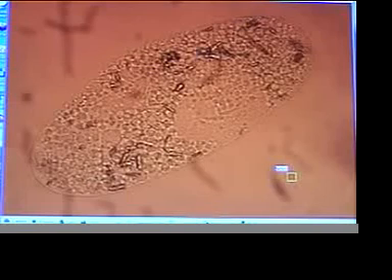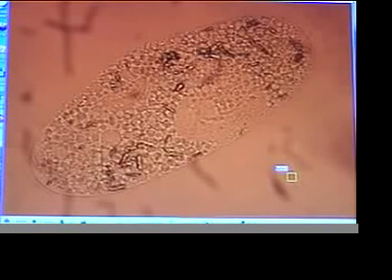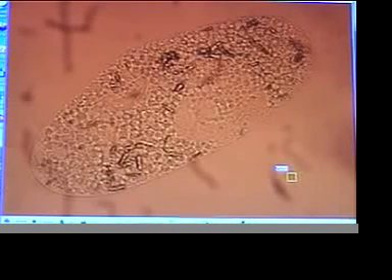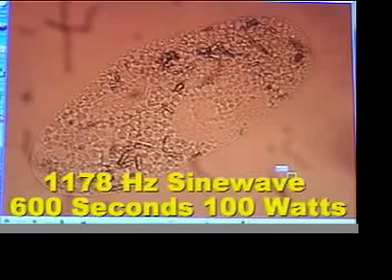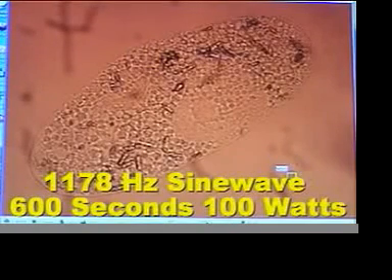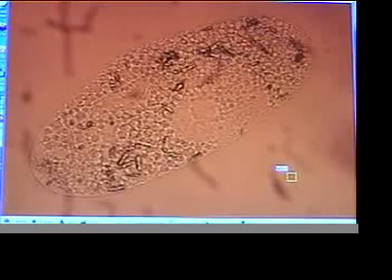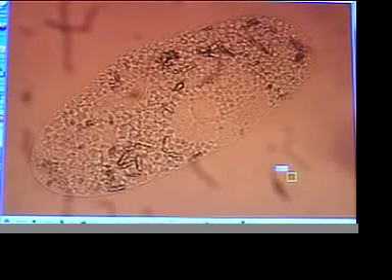The sine wave, 600 seconds, 1178 hertz. Helium 20, 100 watts, SWR about 1.3.